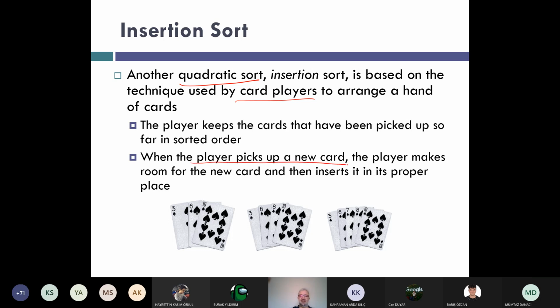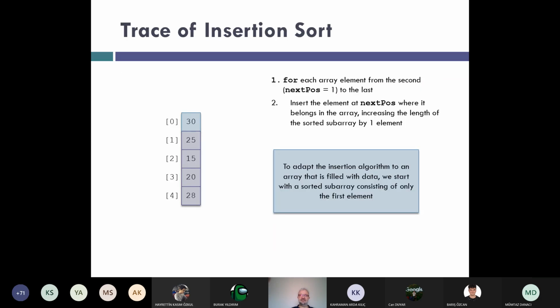So when a player picks a new card, makes room for the new card and inserts it in its proper position. Okay. So this is the algorithm.